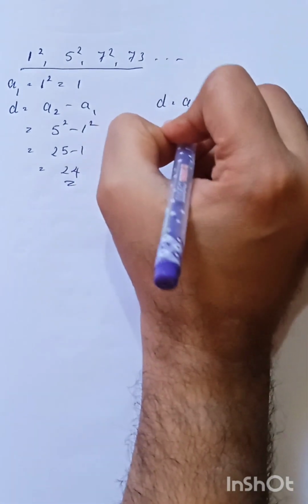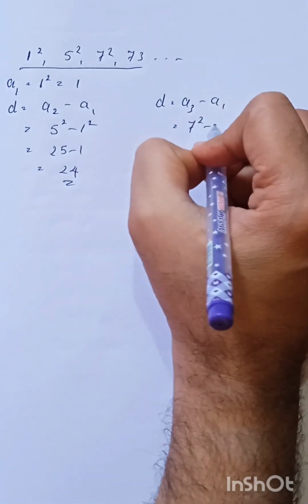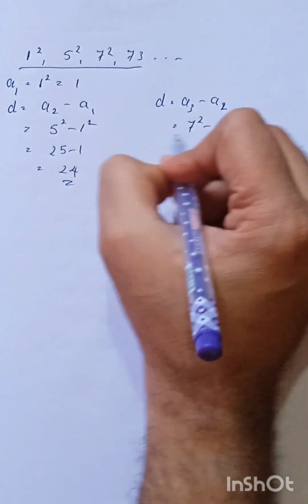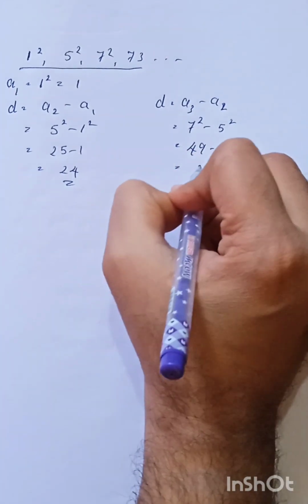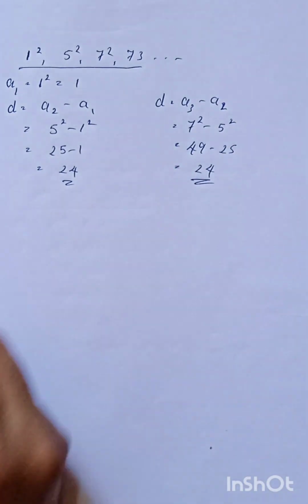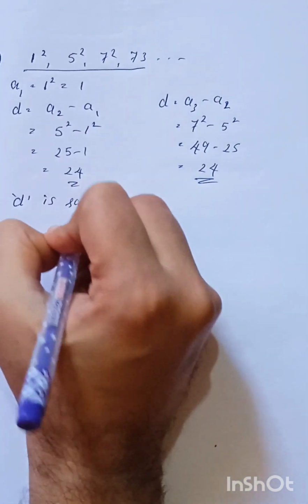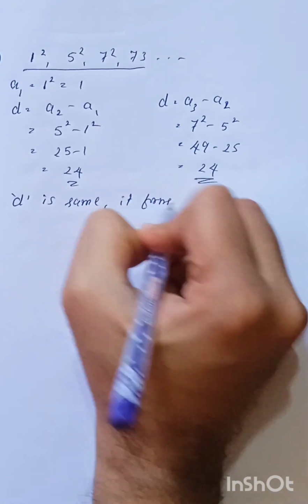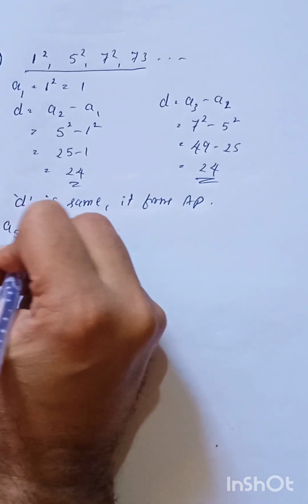Let's do a3 minus a2. 7 square minus 5 square, 49 minus 25, we got 24. Here the common difference is the same, and D is the same, it forms an AP.